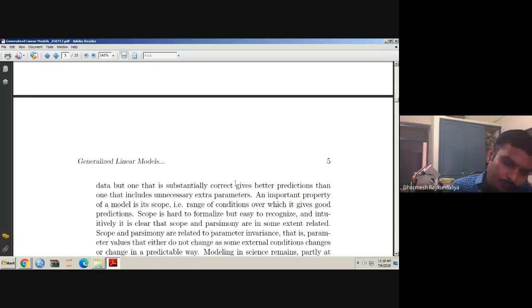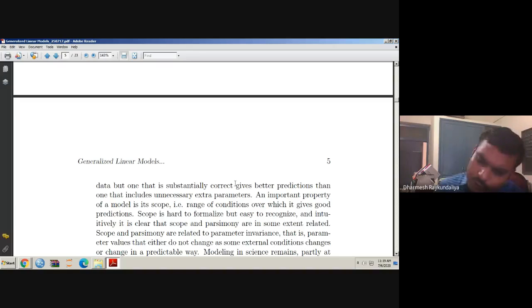So whatever models you are developing, parsimonious models, that model should have a scope. That means it should be usable for a large range of changes in the data points. Scope and parsimony are related to parameter invariance, that is, parameter values that either do not change as some external condition changes or change in a predictable way.